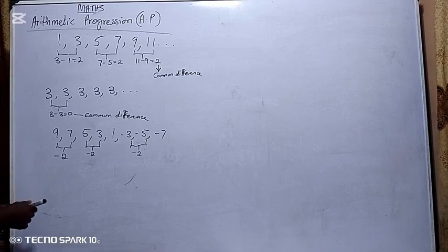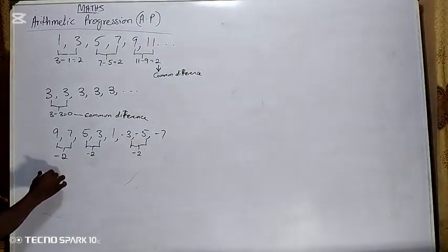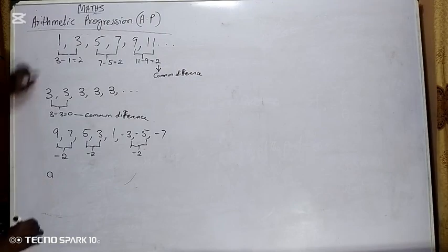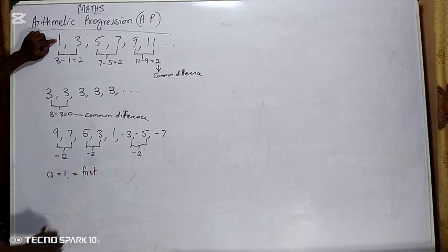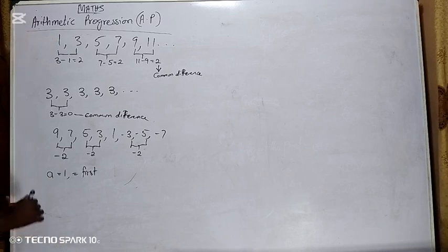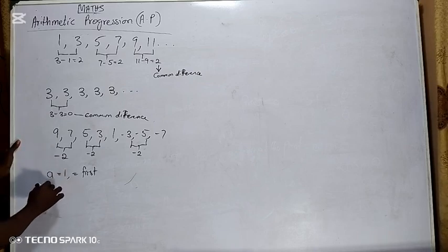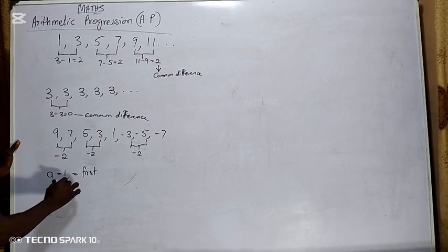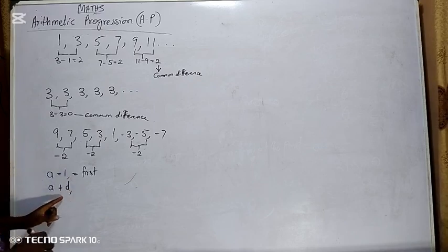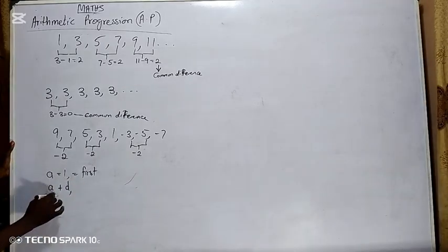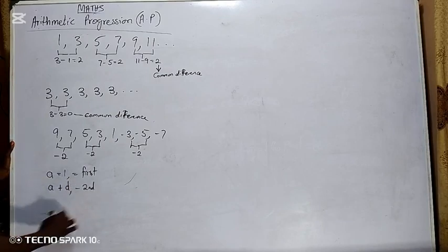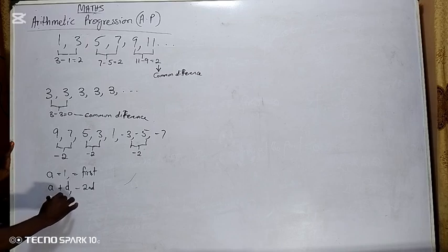Assuming our first term is A, we denote it with A. Our second term is going to be A plus D. Then the third term will be A plus 2D.